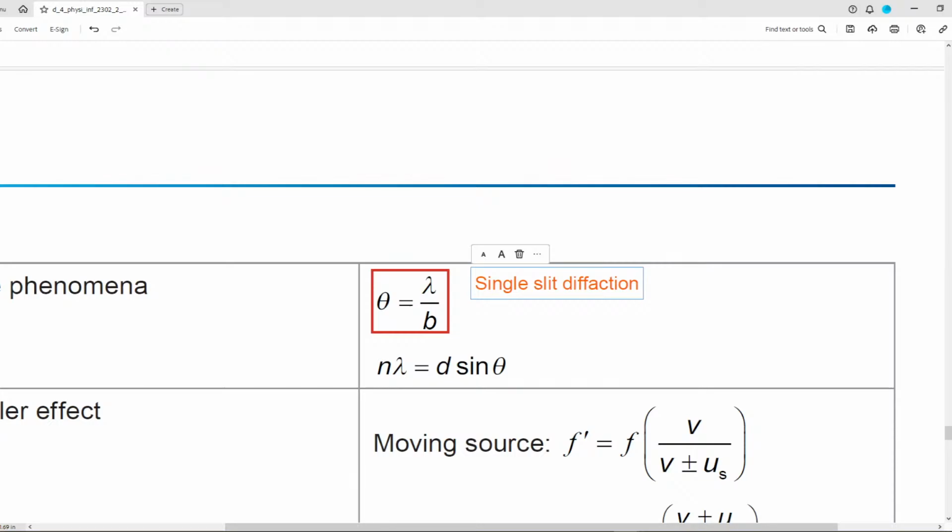Basically, you create really large blobs of light, where the middle one is really bright. The ones on the side are really faint, we barely see them, but they can be detected in a dark room. Theta is the angle to the first order minimum, lambda is the wavelength, that didn't change, and b in this case is the width of the slit.